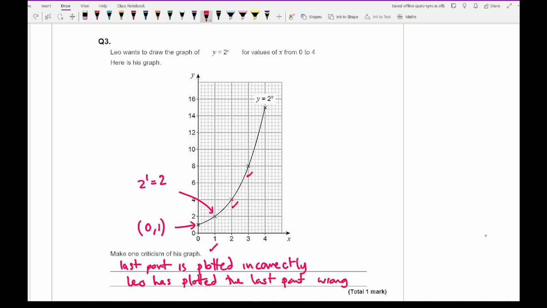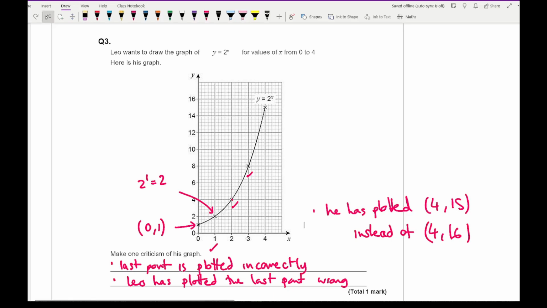And often with these questions, sometimes it's worth saying what it should be. So he has plotted (4, 15) instead of (4, 16). So anything along those lines would have been absolutely fine.